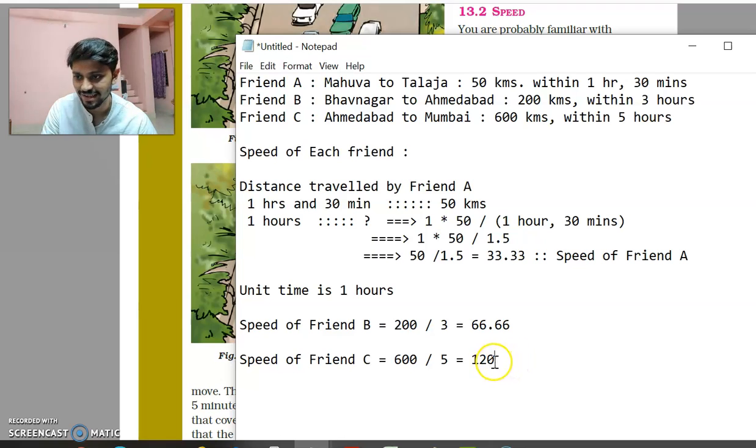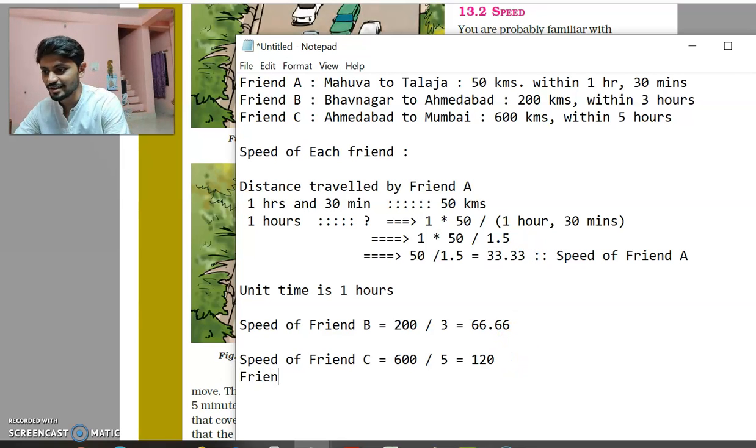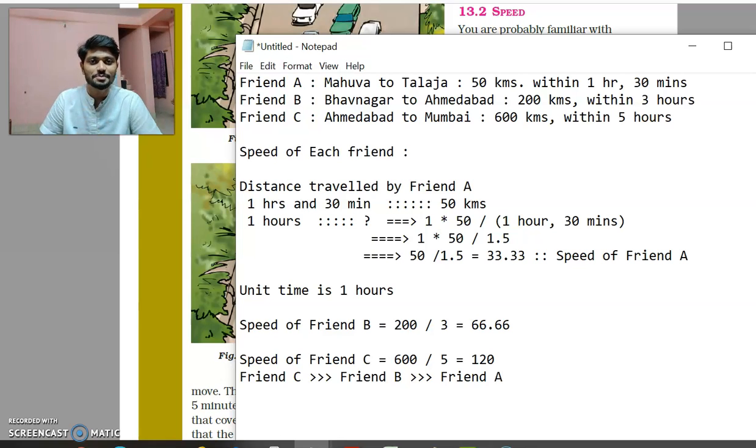As we can clearly see, the speed of friend C was 120, the speed of friend B was 66.66, which is much less compared to 120, and the speed of friend A was 33.33. So I can say friend C was the fastest, faster than friend B, who was faster than friend A. Hence we need speed.